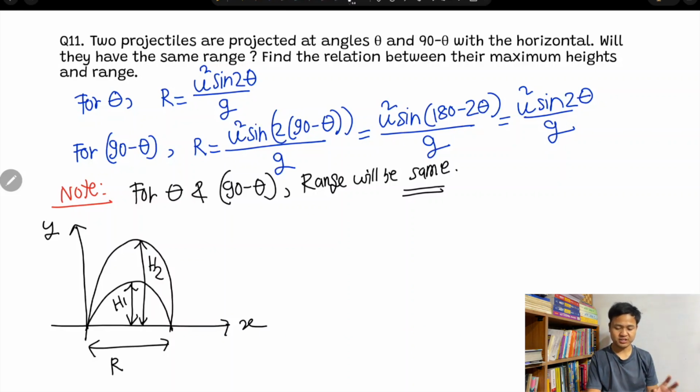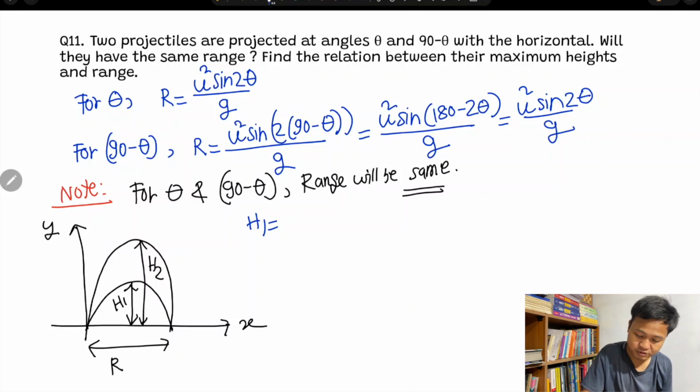If one is projected at theta, the other should be projected at 90 minus theta. So what is the relationship between h1, h2 and R? Tell me what h1 is here. The velocity should be the same, so they should be projected with the same initial speed.